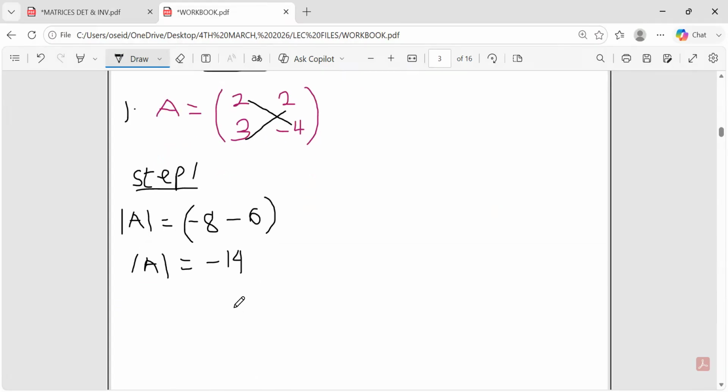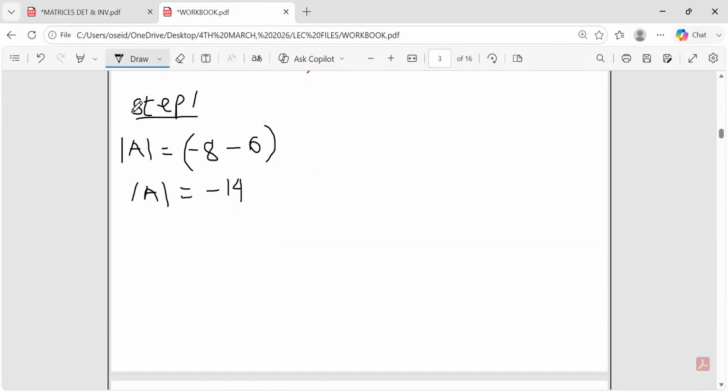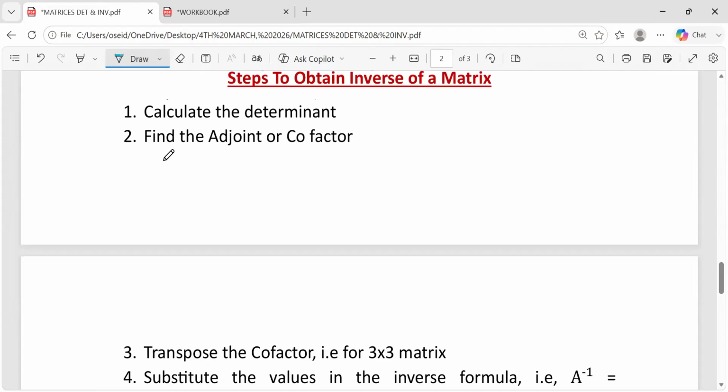Then the next step says we find the adjoint.